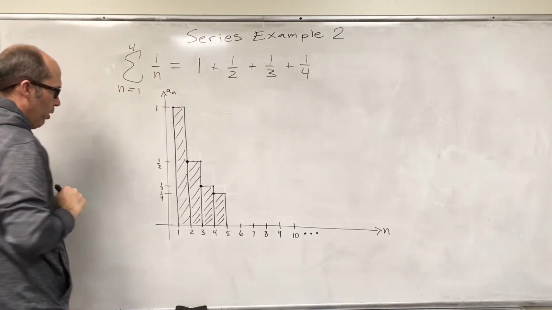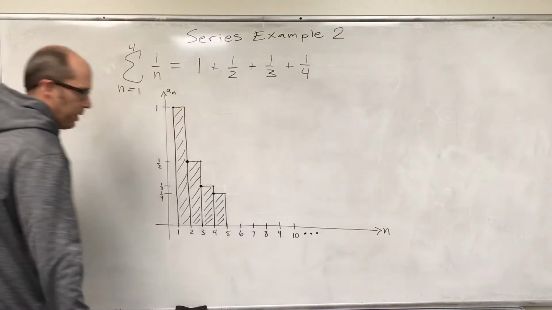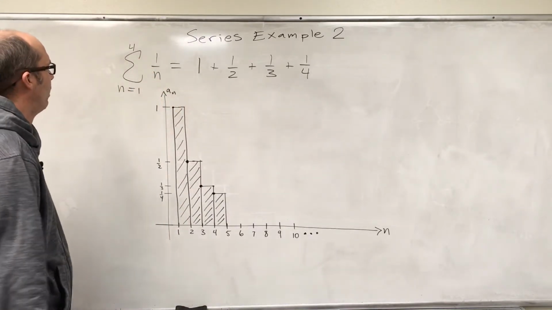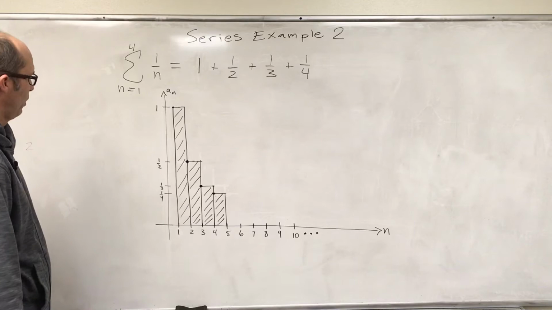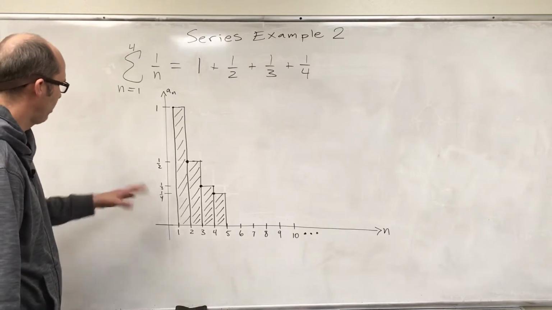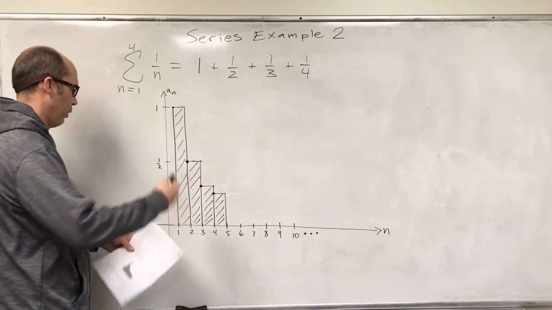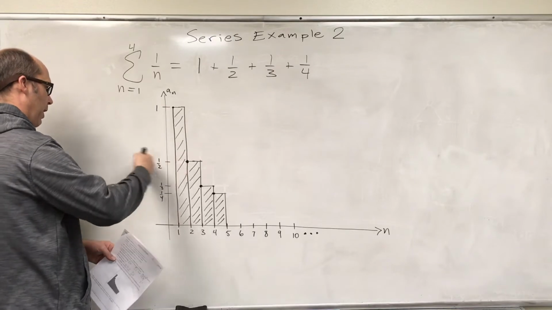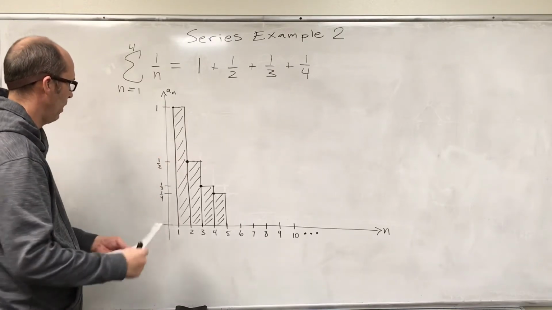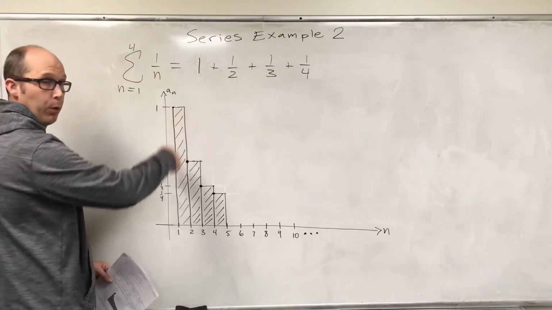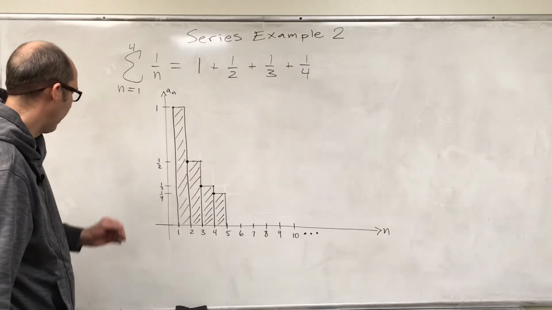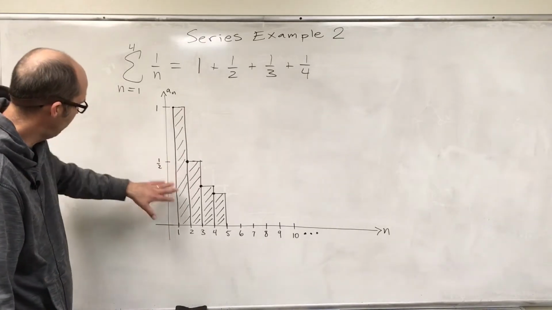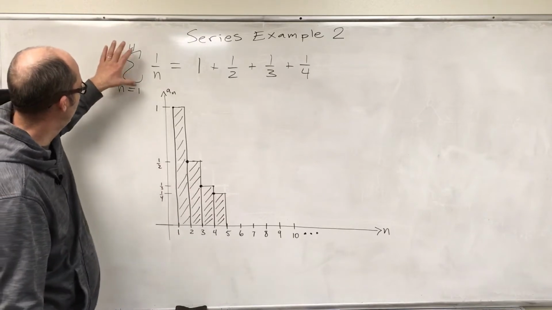But I want to be able to fit in a bunch of rectangles. As opposed to the previous video where I drew these to the right using the right endpoints, now I'm using left endpoints. In any case, you can see that this represents this finite sum.